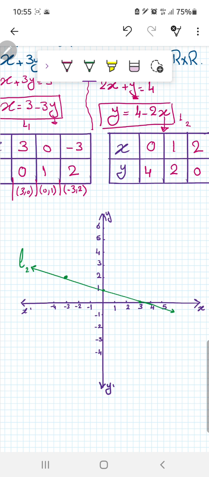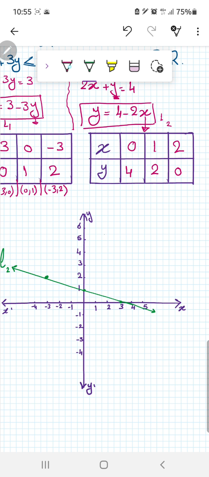L2, the first point here is 0 and 4, 0 in x and 4 in y. Here 1 and 2, 1 in x and 2 in y. Here 2 and 0 belongs to the x-axis. And also using your ruler, join the 3 points, and the 3 points must be on the same straight line.